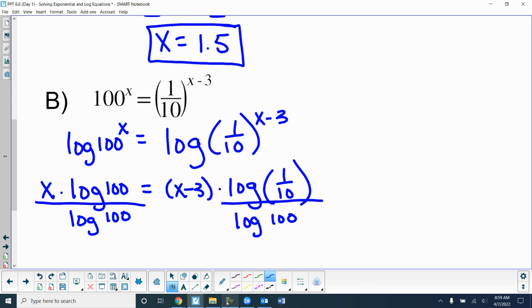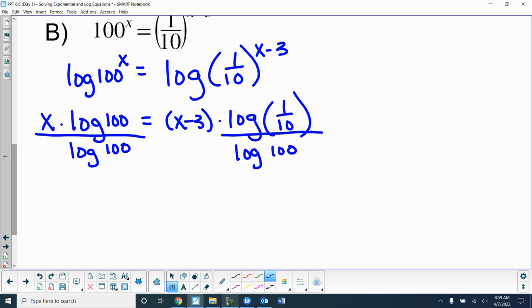So on the left, all we have is x, and on the right, what's log of 1/10 divided by log of 100? Negative what? Negative 0.5, is that what you got? You put it in just like this, didn't you, Spencer? You got negative 1/2? Yeah. Okay.